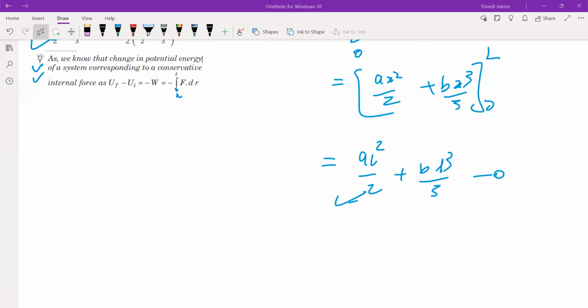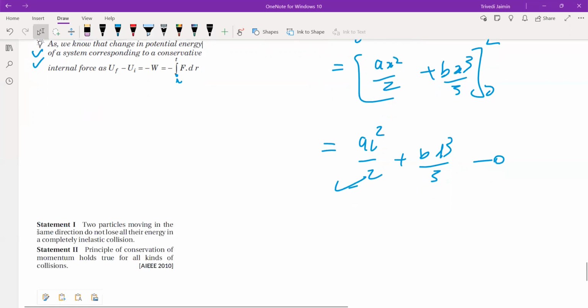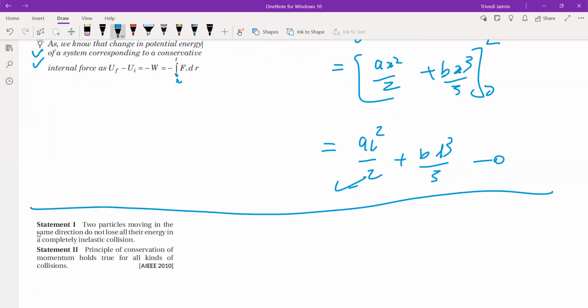Statement question. Do you know the statement options?